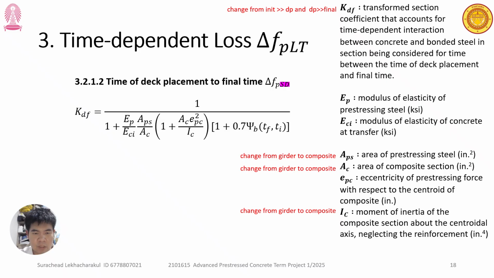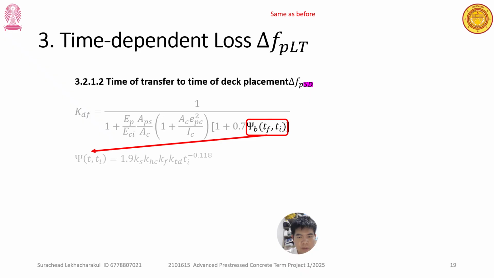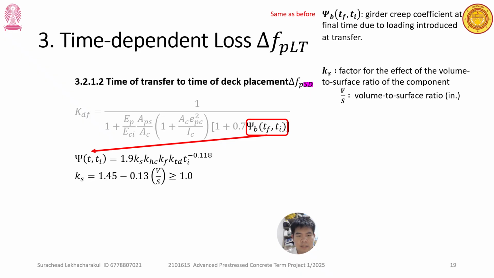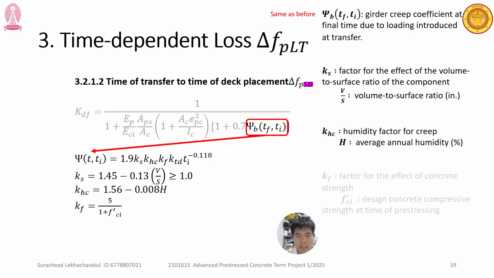EPECS, and be careful when you substitute AC, the area of the composite, and IC, the moment of inertia of the composite section, because this time has a deck placement already. And the psi, girder creep coefficient, depends on time. Same as before, that I explained already.